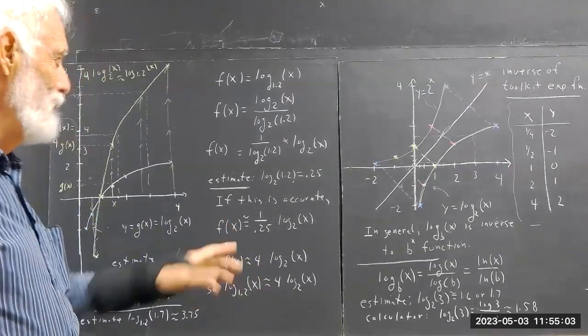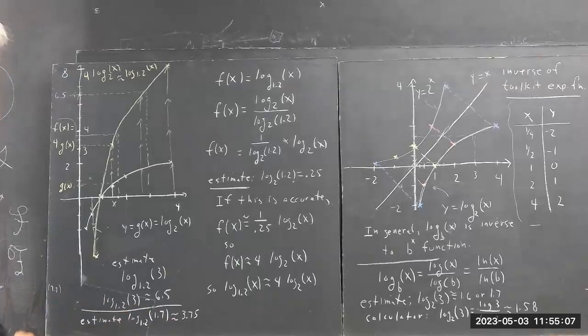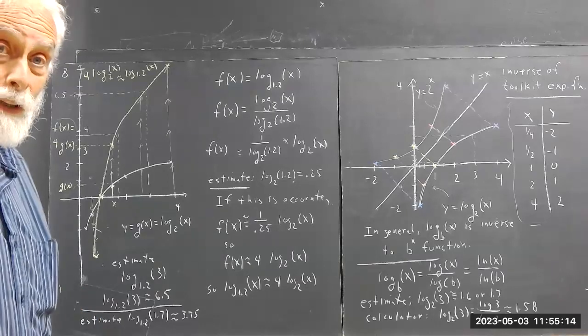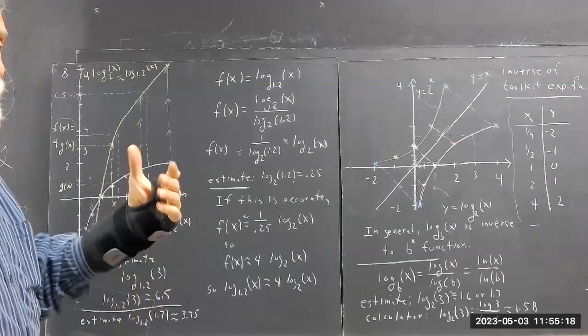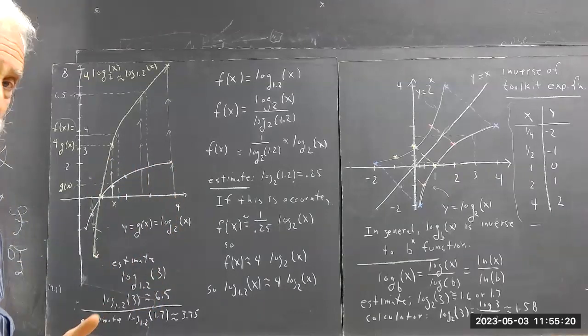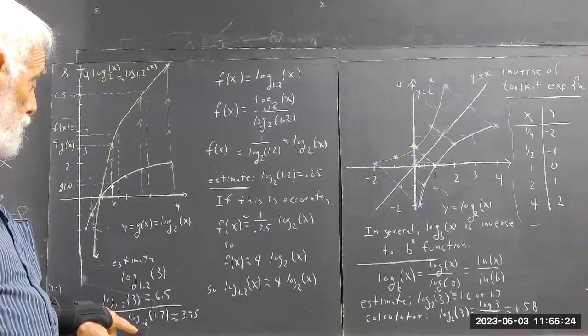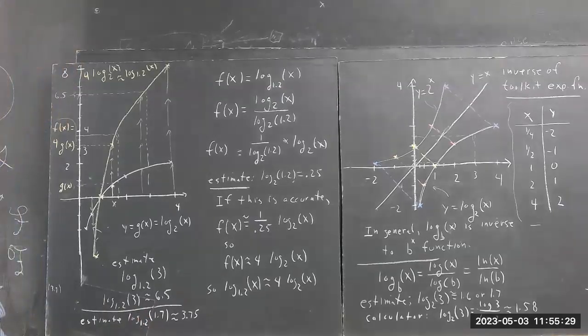So being that sensitive, I don't think 3.75 or 3.7 is going to be a great result, but I expect maybe it will be around 4, at least not too far away from 4. Okay, maybe closer to 3, maybe closer to 5. So can you punch it in now? Can you use your calculator to actually calculate log base 1.2 of 1.7?